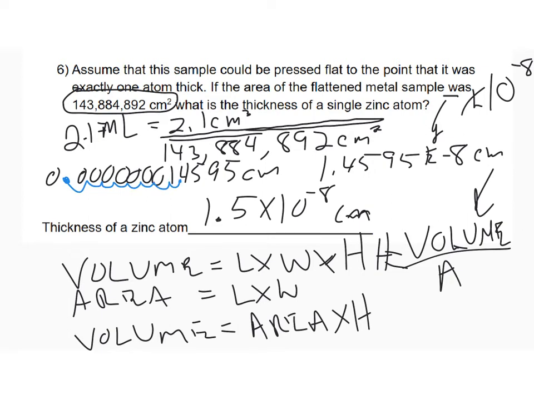Since I'm moving to the right and I'm turning a decimal into scientific notation, I use negative 8 as my exponent. That's why it's negative and not positive. Okay, so that's just a quick recap on scientific notation. So the final answer here is 1.5 times 10 to the negative 8th centimeters. That's the thickness of that zinc atom.